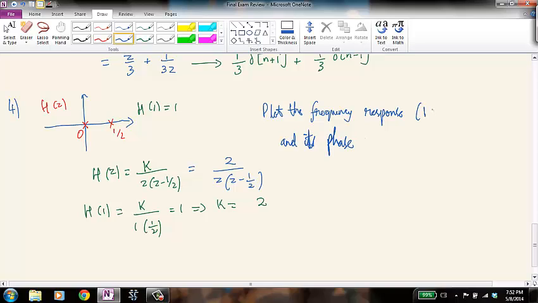So this means the absolute value of h of z basically on the unit circle. That's what we mean by frequency response. You're on the unit circle and you're changing your frequency. Frequency lies between 0 and 1 for discrete time. Okay, and its phase is obviously just the angle.